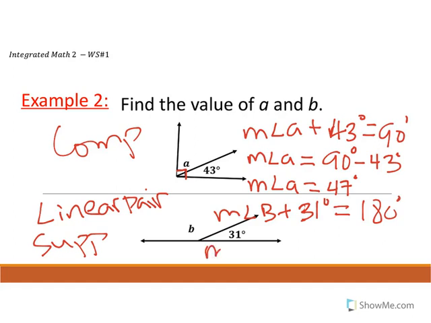To solve, the measurement of angle B equals 180 degrees minus 31 degrees. Let me double check my work. This gives us 149 degrees.